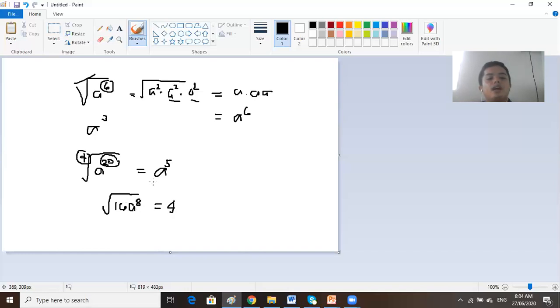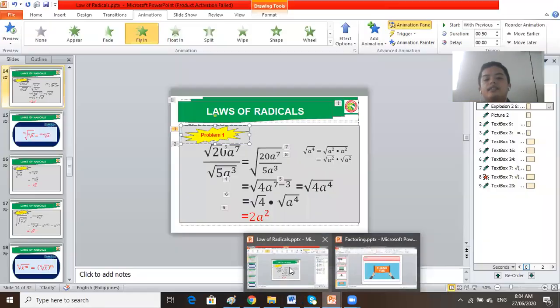Instead of breaking down the exponent, all you have to do is divide the exponent 8 by 2, the root. 8 divided by 2 is 4. So therefore, the answer is 4a^4. That is the answer for this example. So let's go back to the slides.